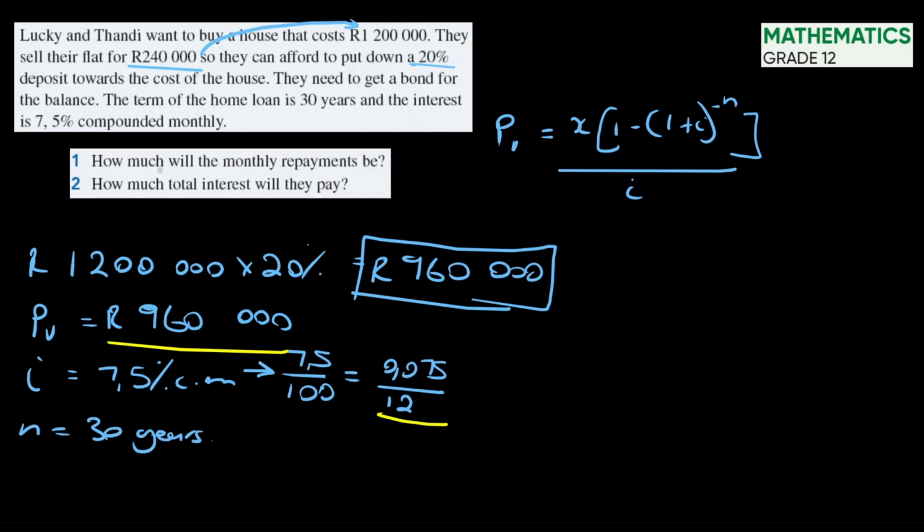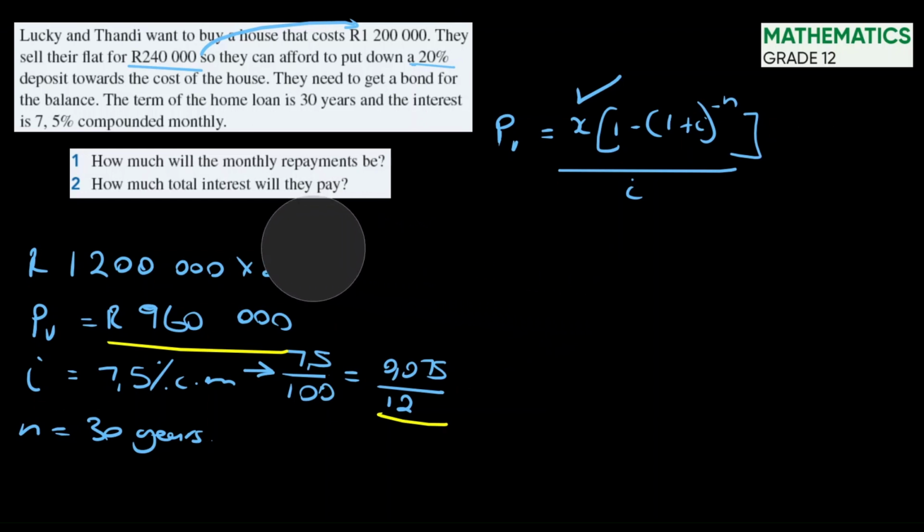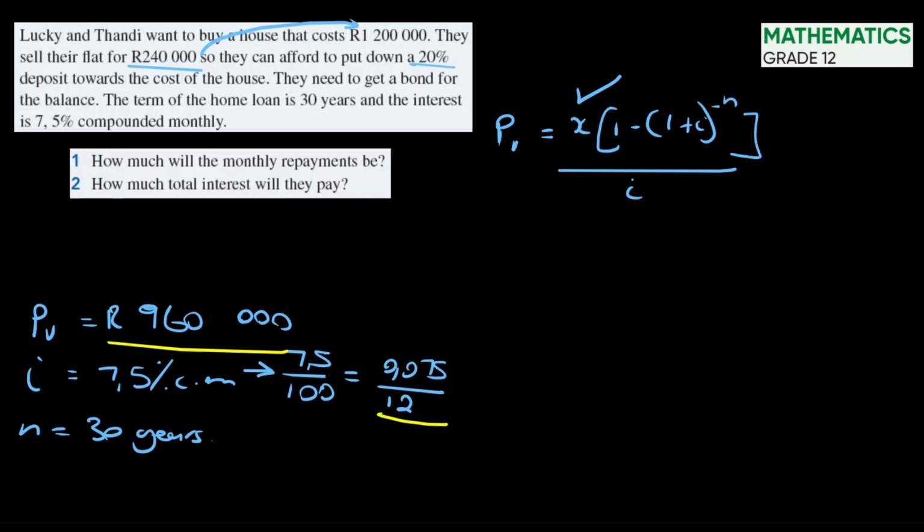So we need to calculate how much the monthly repayment will be. Remember, in this equation, the monthly consistent repayments are x, i is the interest, and n is the number of months. Let's calculate that. I'll remove this so we have enough space. So the present value will be 960,000.